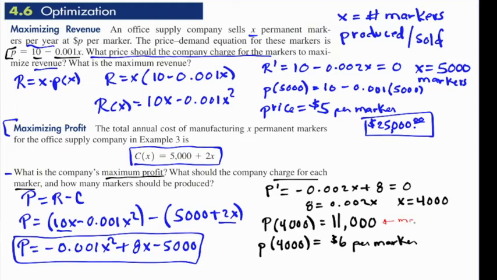So 11,000 is our max profit. $6 is the price for the markers. And 4,000 is the production level for us to reach maximum profit in a year.